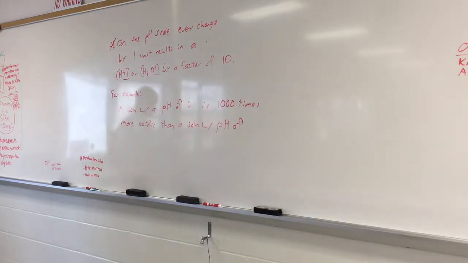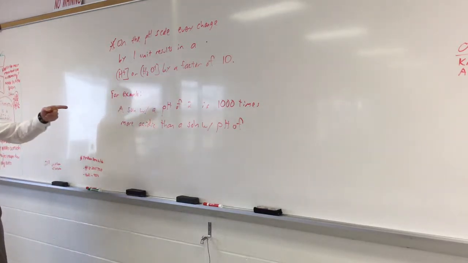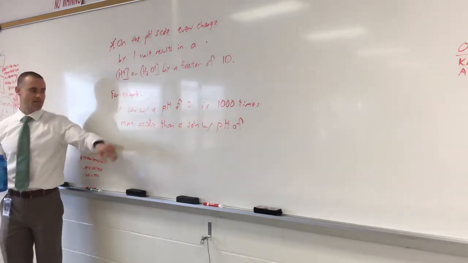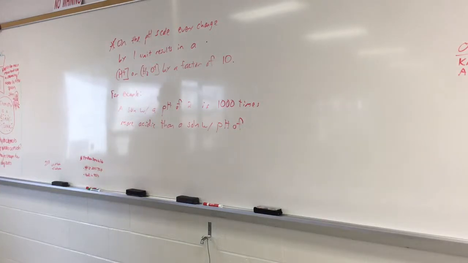So if every change by 1 unit is a factor of 10, we have a pH of 2, and I'm telling you it's 1,000 times more acidic than this. What is the pH of the solution that it is 1,000 times more acidic than?